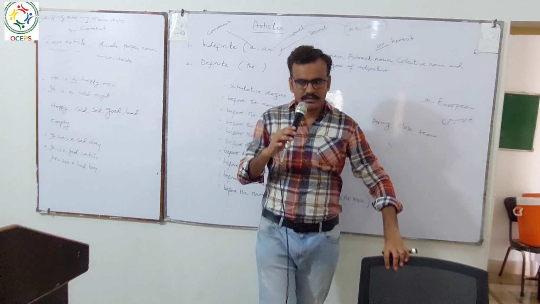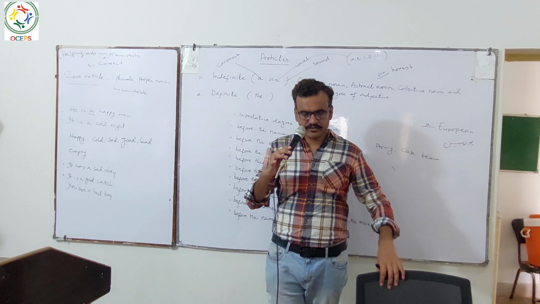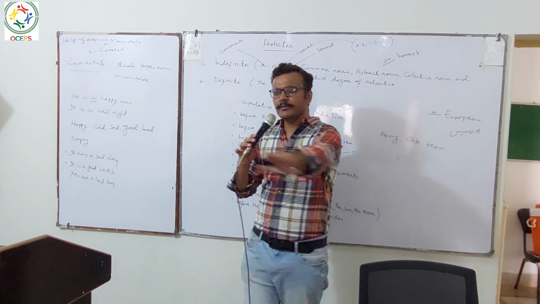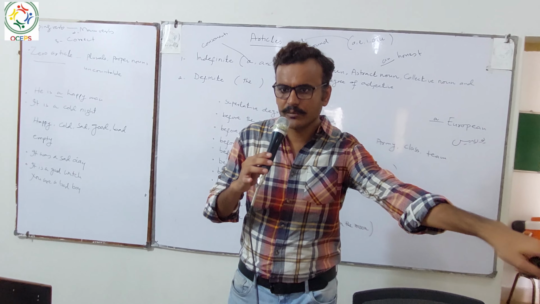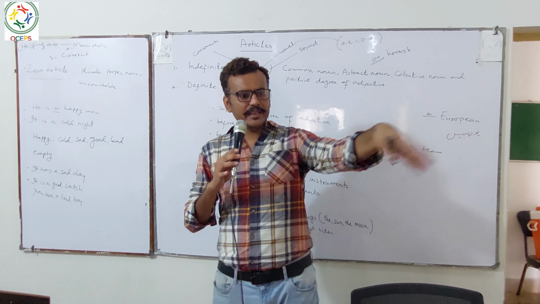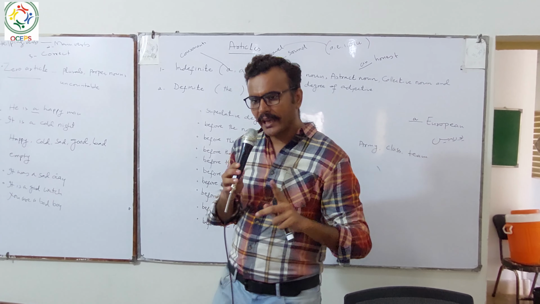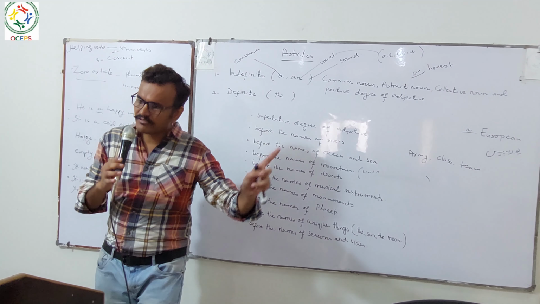That means from the many chairs, this is one of them. A boy means there are so many boys and among them he is just one of them. A girl means there are many girls and a girl is one of them. A man means there are many men, and a man means just one of them.